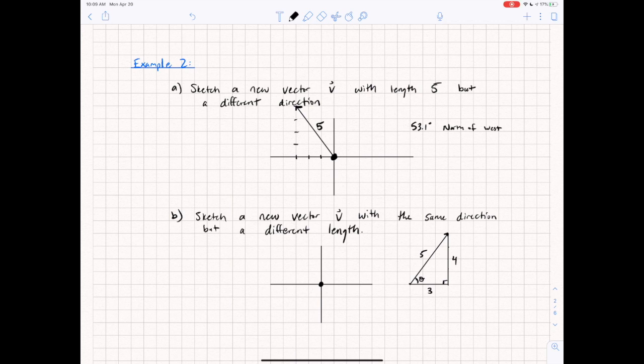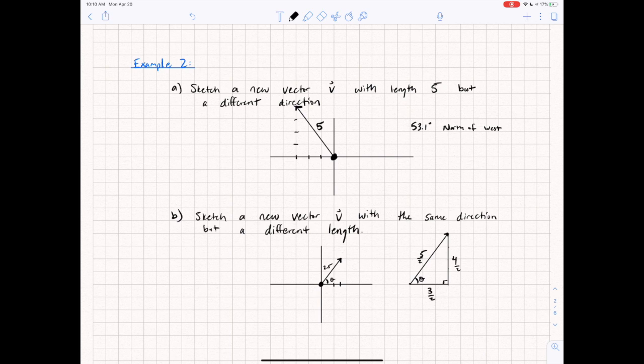One way to rescale would be to divide everything by 2. I could divide this by 2, this by 2, and this by 2. That would be the consequence. So this would say go 1.5 steps to the right and then go 2 steps up. Therefore I would create a vector that would still have the same angle, but the length is now only 2.5 instead of 5.